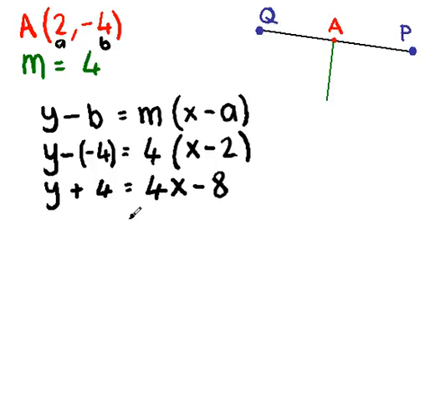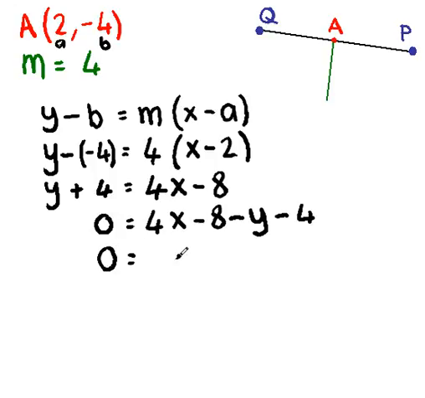Now we'll collect all our terms to one side. We'll leave 4x and minus 8 on the right for the moment, and bring y and plus 4 across. So y becomes minus y when we change side, and plus 4 becomes minus 4. That leaves us with nothing on the left hand side. Simplifying the right hand side, minus 8 and minus 4 gives minus 12.